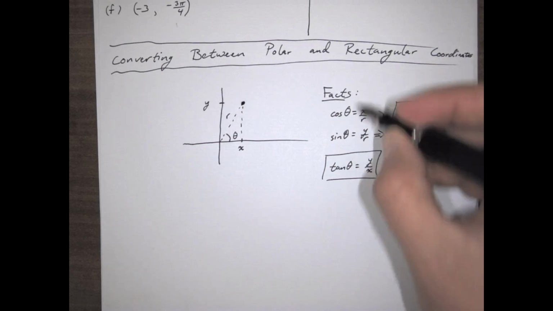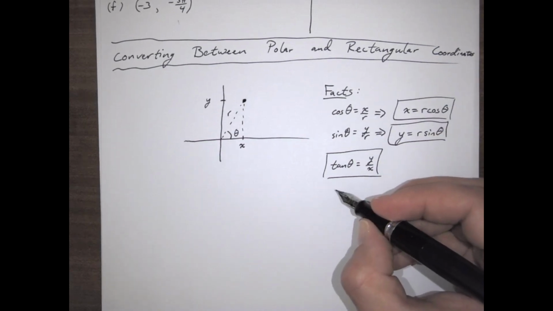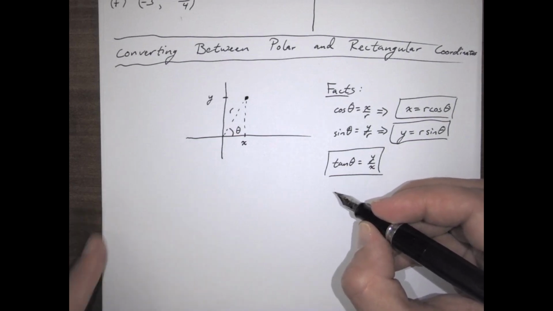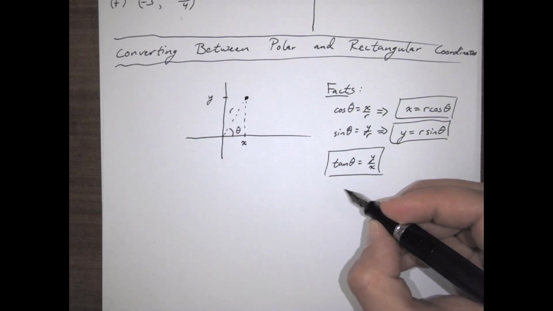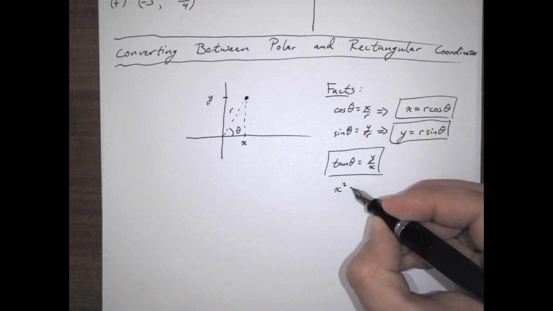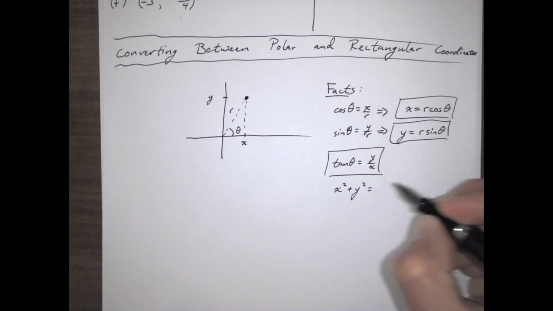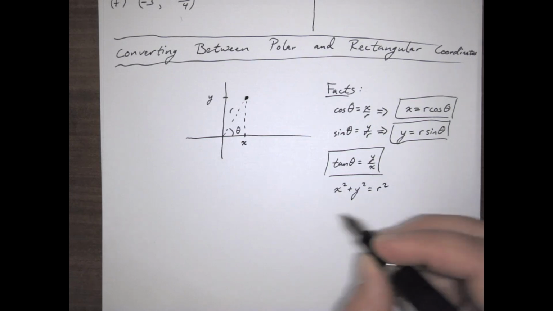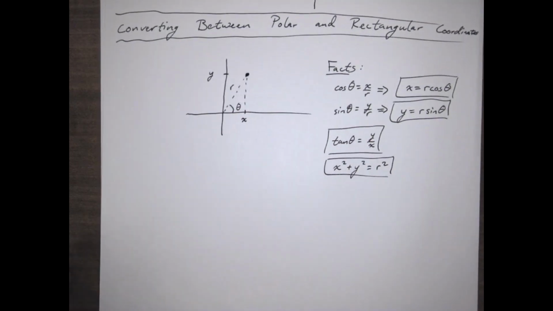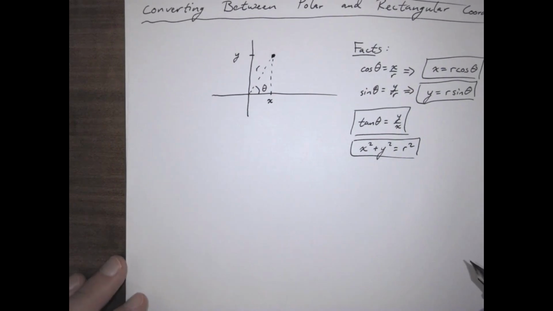So these are all based on SOHCAHTOA. The other major thing that gives us any extra information in these trigonometric situations is the Pythagorean theorem, which here means x squared plus y squared equals r squared. Okay, well these are the 4 facts that we can use.